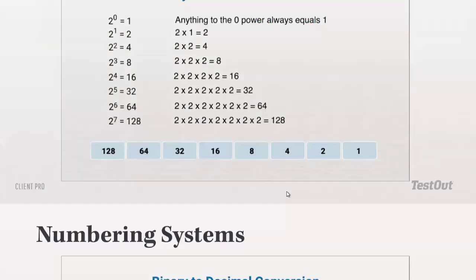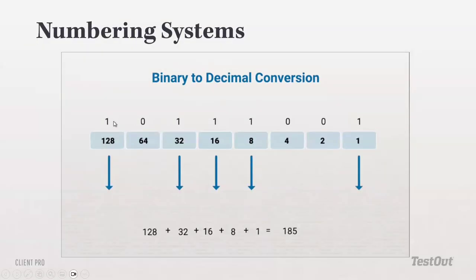Write down those numbers. And then if you have a binary number, wherever there is a 1, you add the corresponding number, in this case, the 128. And wherever there's a 0, you add nothing. So since we have the 1 for the 128, we don't add 64.